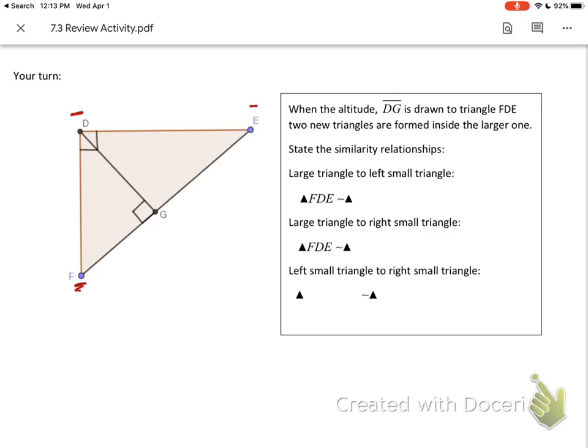The left small triangle is this triangle that I've just colored in orange. So what are you going to do in terms of letters? Go ahead and do that now. Tell me what the letters are, and I will come and do it as well. But I want you to think of an answer first.